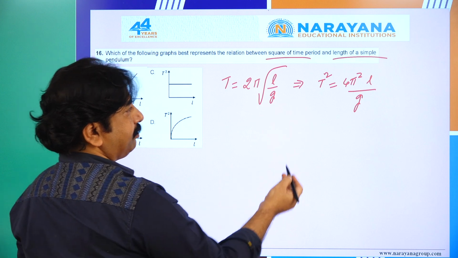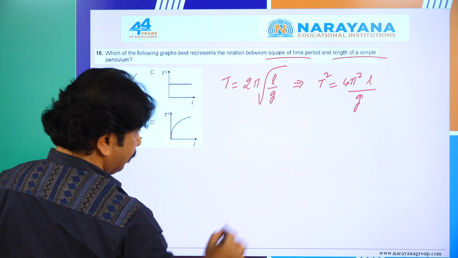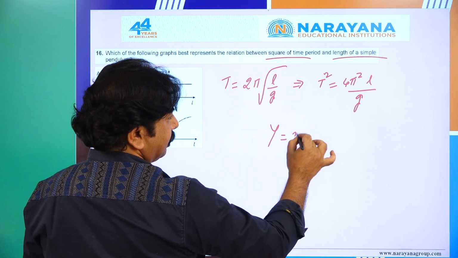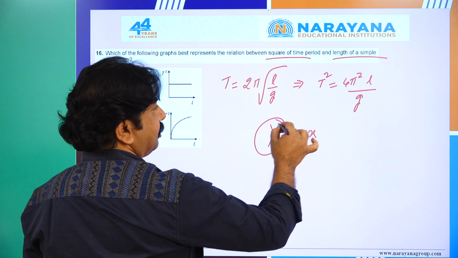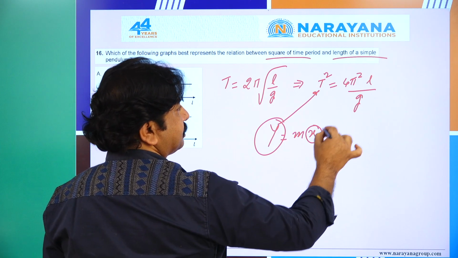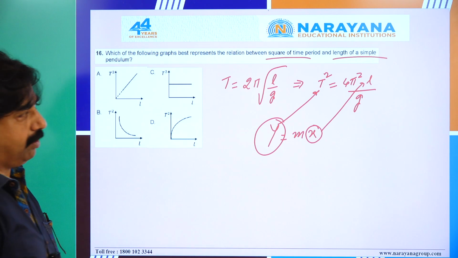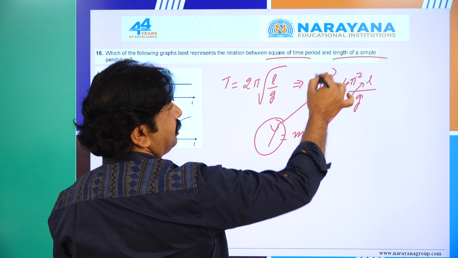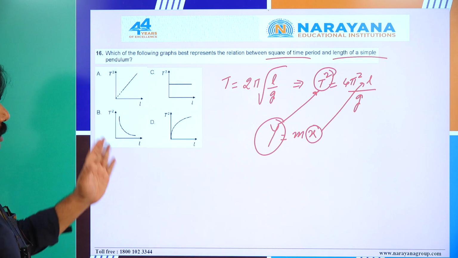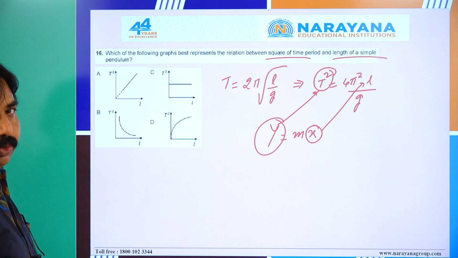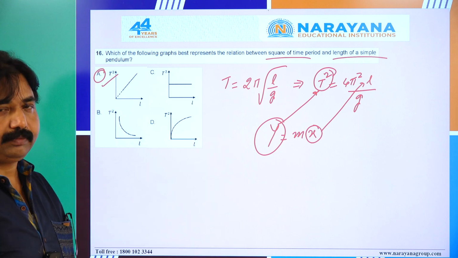So this seems to be of the type y is equal to mx, with the T square term on the y axis. So this seems to be a straight line passing through the origin. So the first option is the correct one.